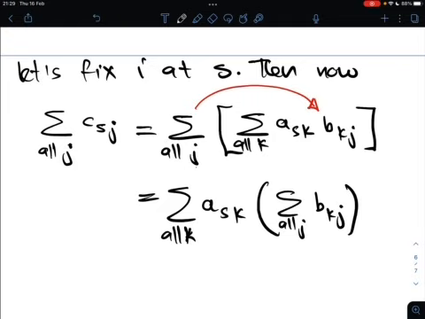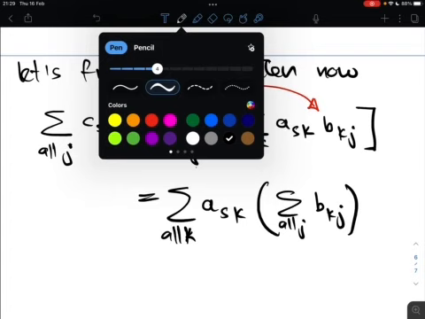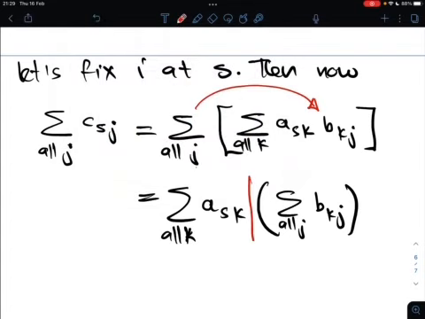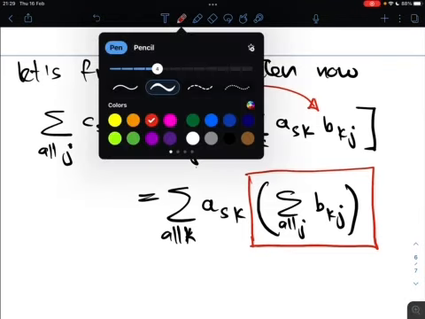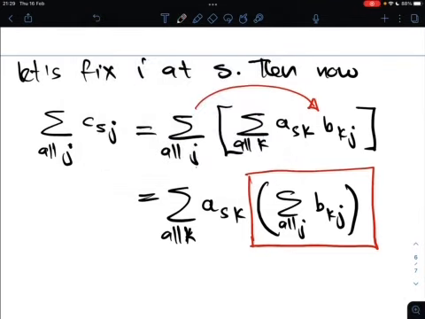You see that? So now let's just focus on this part and see what's going on here. Let's be observant. If you look at exactly this thing that I have highlighted there in red, you will see that at this instant k is fixed, but j is going. So since k is fixed and j is going, it means this thing is summing all the entries that lie in matrix B in row k.